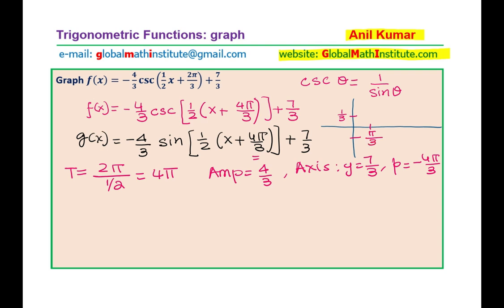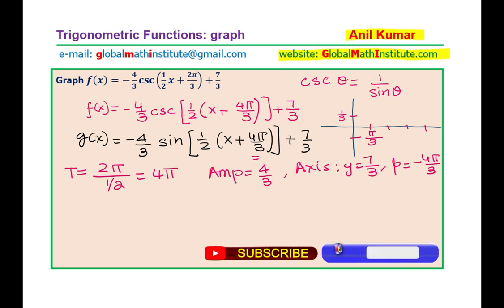So pi by 3 I've written here. So 4 pi by 3 means 4 of these, 1, 2, 3, 4, will give you one full cycle without a phase shift. And because the phase shift is 4 pi by 3, that much it will move to the left. So you need a big area to work with. I hope you're getting the point.